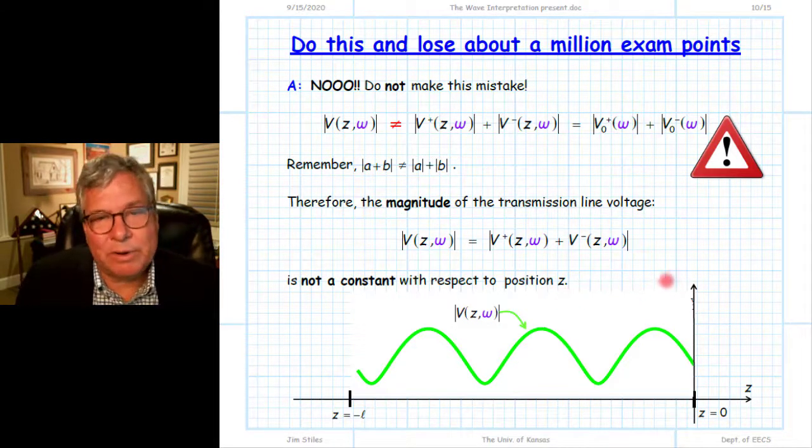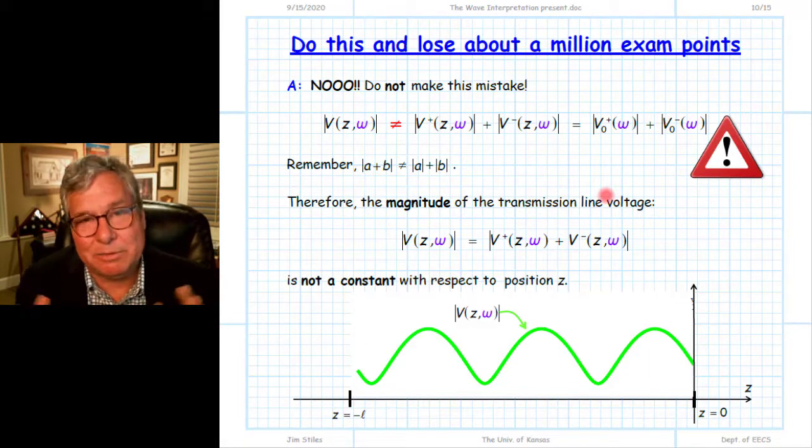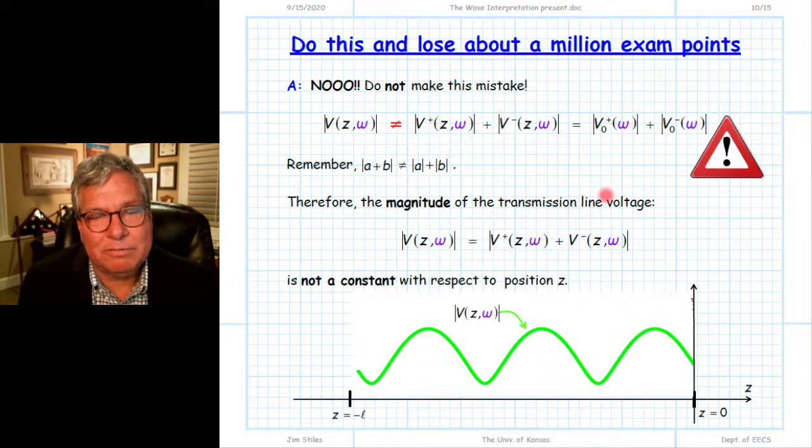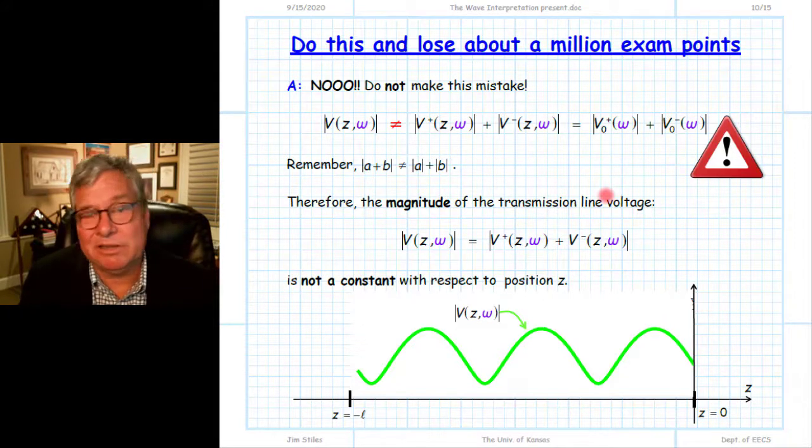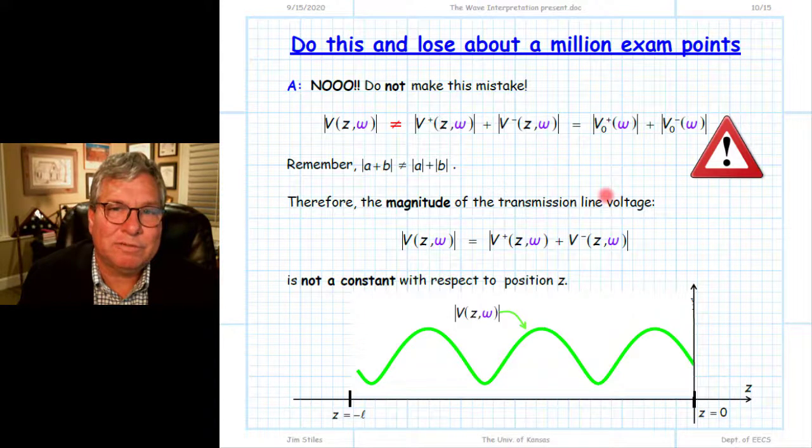If we had a situation where the telegrapher equation said it was a product of two propagating waves, things would be easier because, of course, the magnitude of the product of two complex numbers is the product of the magnitudes, and the phase of the product of two complex numbers is simply the sum of the phase of each. But alas, the telegrapher equations didn't give us a total voltage in terms of the product of two terms.